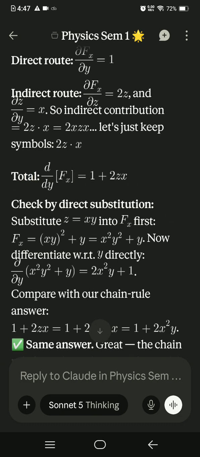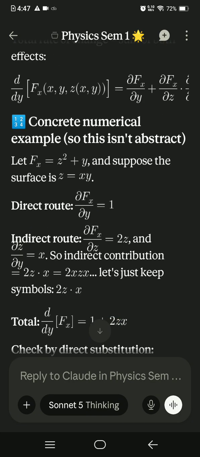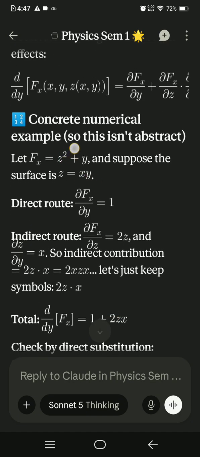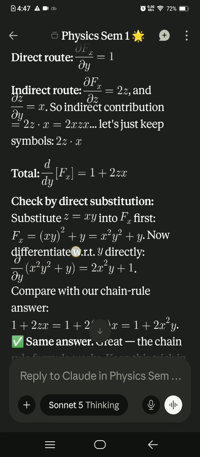Check by direct substitution. Substitute z equals xy into fx first. So what we are doing is (xy) squared plus y, so x squared y squared plus y. Now differentiate with respect to y. It would become 2x squared y plus 1.